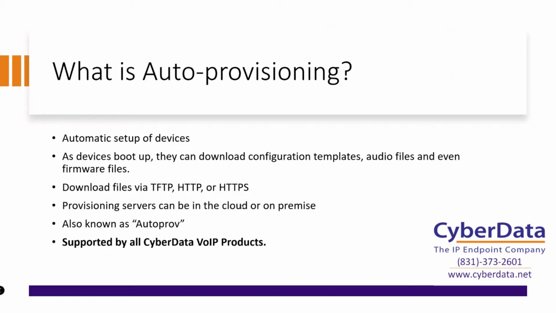So when you're actually setting up auto provisioning, it's not only setting up all the files, but you need to pick a server. There are basically two different types of servers that you can load all of these different files onto. They can be downloaded either using TFTP, which is Trivial File Transfer Protocol, or HTTP, Hypertext Transfer Protocol, or HTTPS, Hypertext Transfer Protocol Secure.